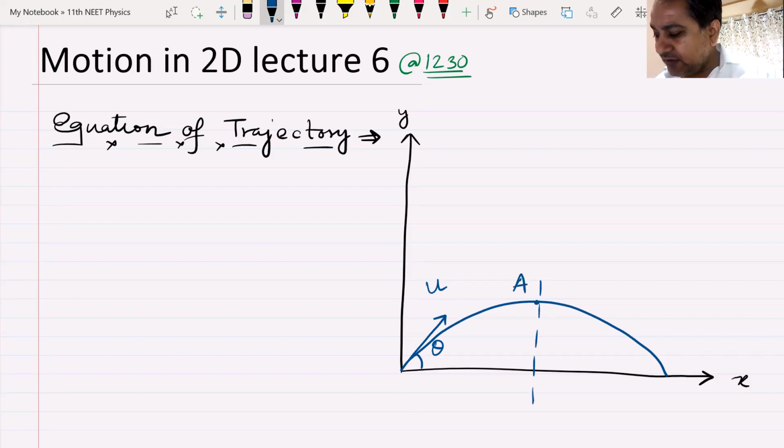Let us call this point A, this point the point of projection, and this point B, where it falls on the ground. Now, we found out the time of flight, the maximum height, and the range, and we have done some questions. Now, what we get to see is that it follows a particular path.